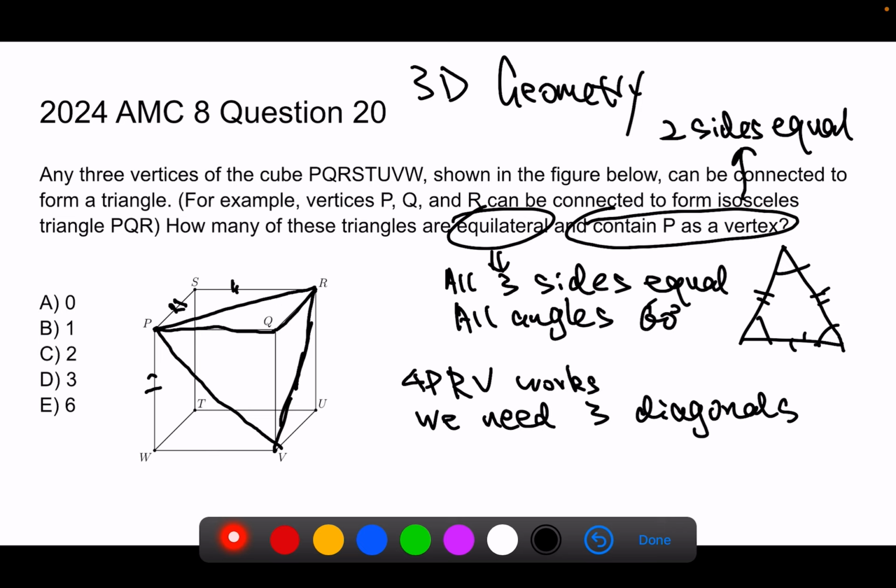That's where we are simplifying this question, because now you don't really need to draw the picture. It's harder and harder to draw stuff on a 3D picture. Instead, what you can do is to say, okay, starting from P, what are the diagonals I can find? So PRV is a good example. Now, from P, how many diagonals can I draw? Well, you can draw PR.